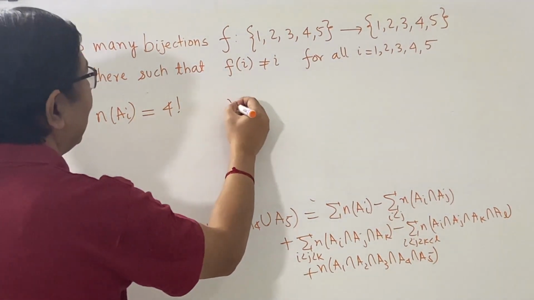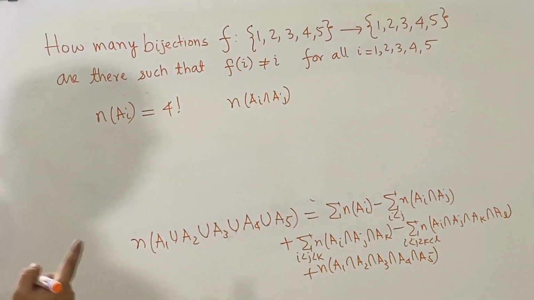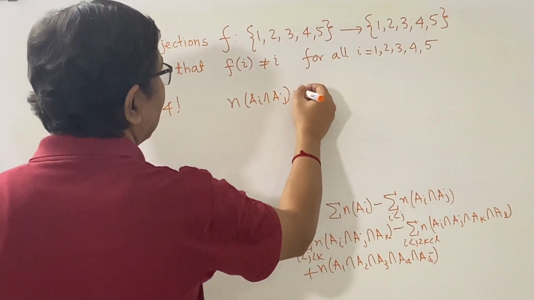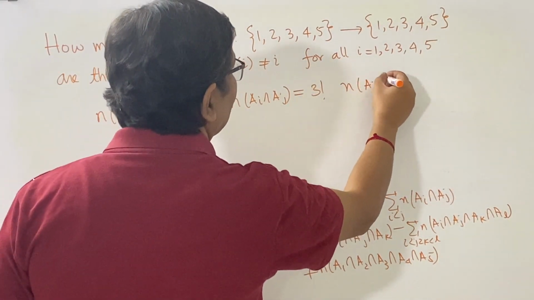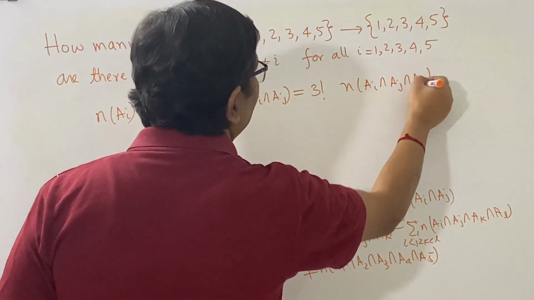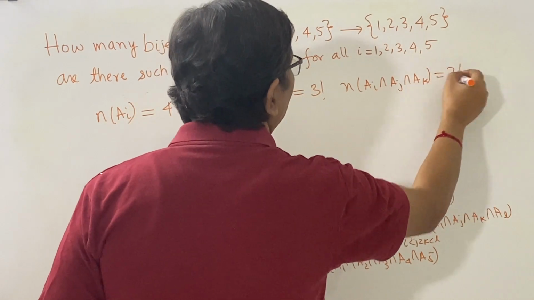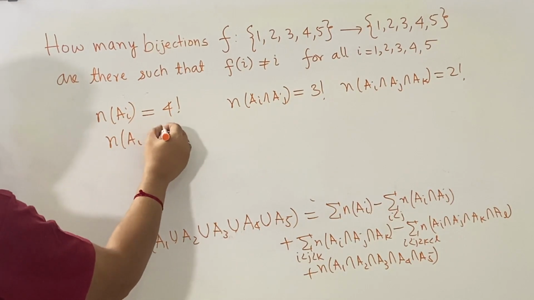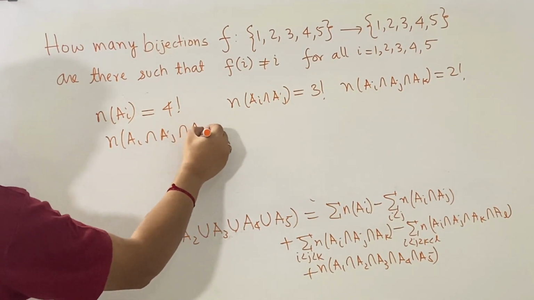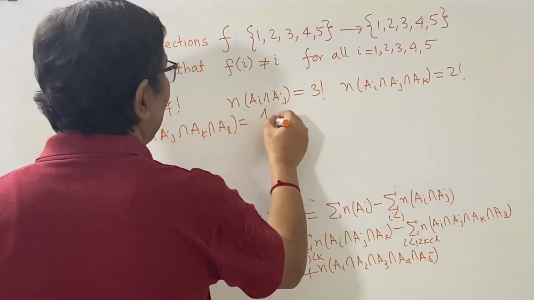In n(Ai intersection Aj), 2 elements are fixed and the remaining 3 can have all possibilities, so that is 3 factorial. n(Ai intersection Aj intersection Ak) has 3 elements fixed and the remaining 2 can interchange, so the possibilities are 2 factorial. And for n(Ai intersection Aj intersection Ak intersection Al), we have 4 elements fixed. But if 4 are fixed, then the last one is also fixed. So there is only one possibility.